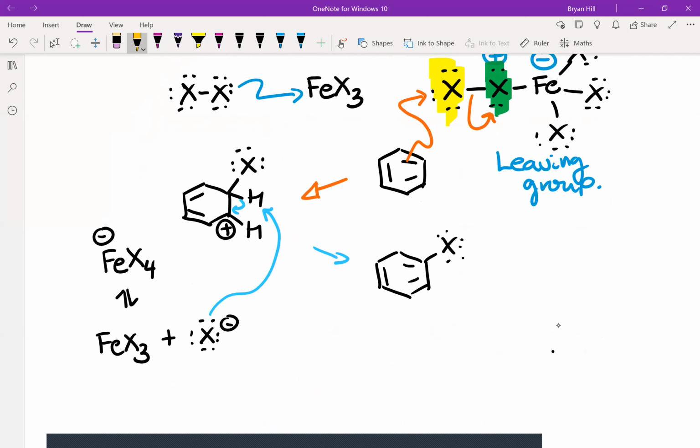So were there any questions on those two reactions first? Then we'll do the alkylation and acylation reaction, because there's a little bit more complexities to both of those, I think.